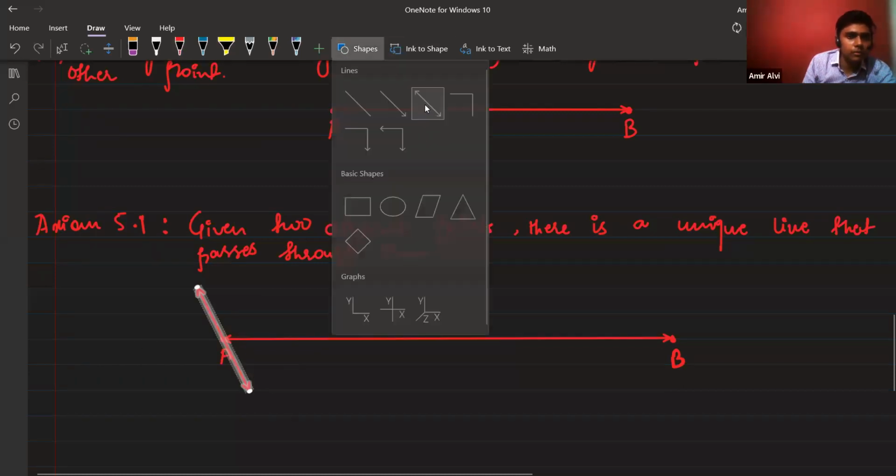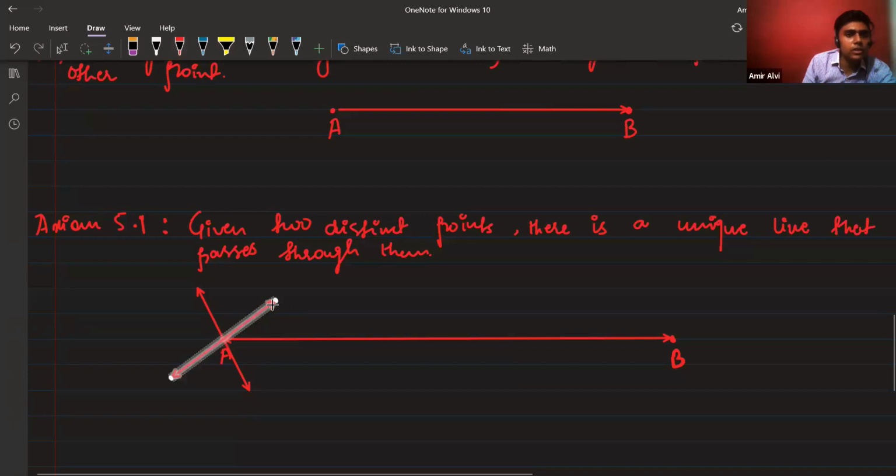Yes or no? Yes. One point can have infinite, yes or no, Simran? Yes. Using one point, infinite lines can be drawn. But whenever there are two distinct points, only a unique line can be there between them.